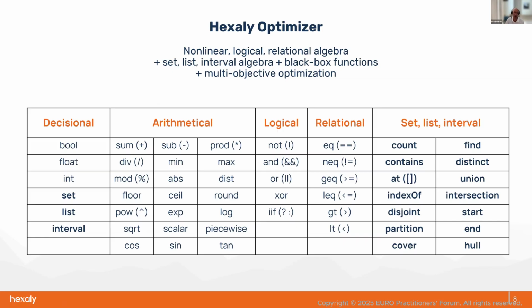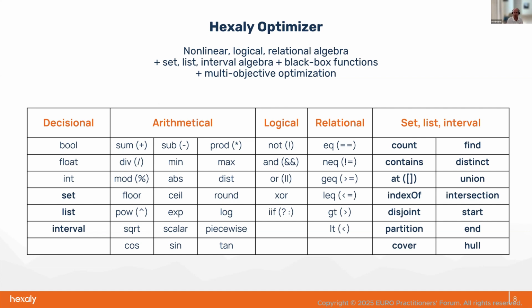But we have also these concepts that we have introduced, so set, list, interval variables. You have the ability to build quadratic expressions very naturally using the product, but more than that, polynomial expressions.